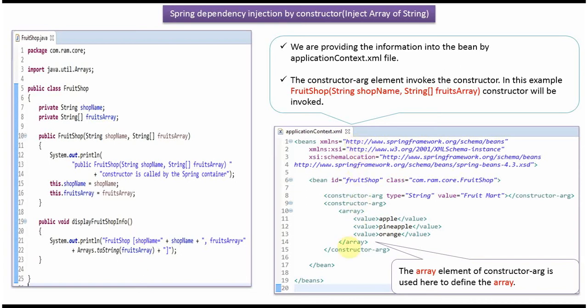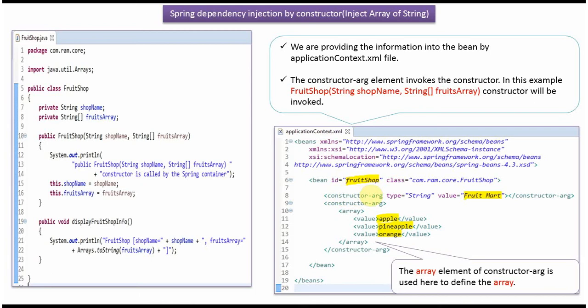This is the Spring configuration file. Here we have specified, using constructor dependency injection, that the Spring container should create a FruitShop object, and the shop name of the FruitShop object should be set as fruit mart, and the fruits array should contain apple, pineapple and orange.